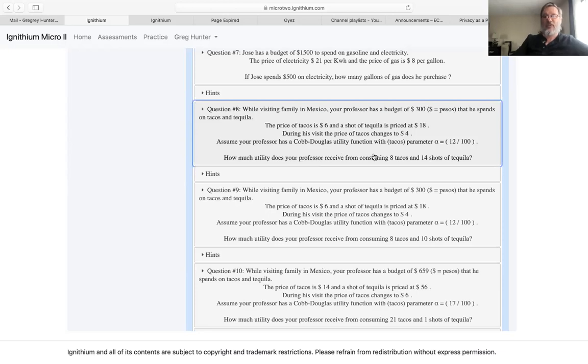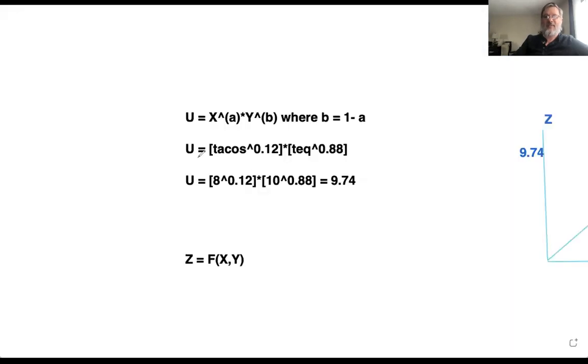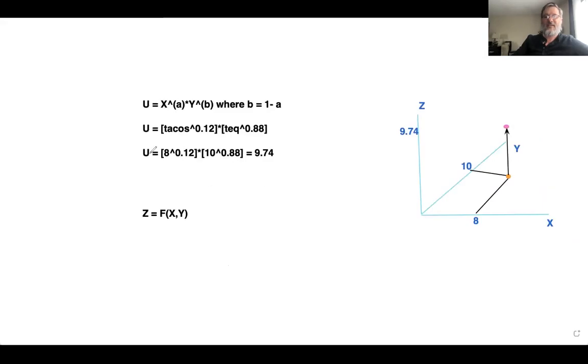It's the same utility function, right? It's to the 0.12 power and the 0.88 power, right? Because that's your alpha. Your alpha is still 12 over 100, isn't it? Yeah, no, it's 12 over 100. So it's this exact same utility function.